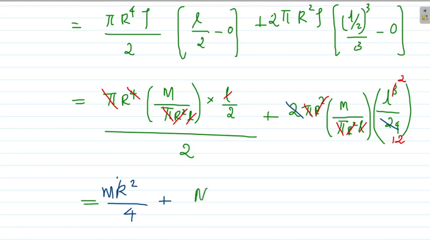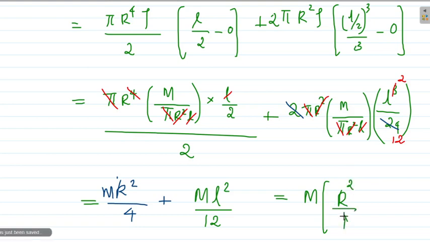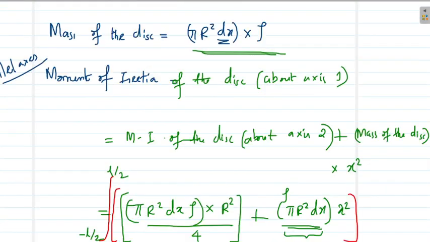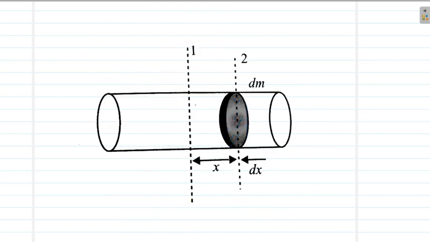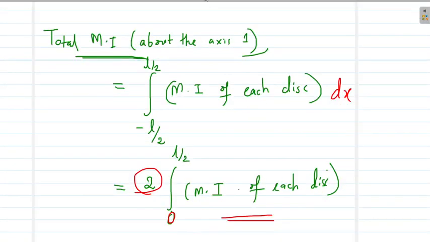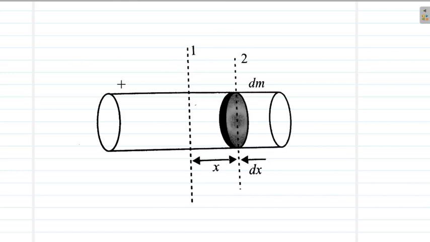So that is m into L square divided by 12. So it is equal to m into r square divided by 4 plus L square divided by 12. Here in this equation, r corresponds to the radius of the disk and L is the length of the disk. So you can see the moment of inertia depends on the mass, radius and the length of the disk. That is the equation for the moment of inertia about this axis 1, which passes through the center of the disk and is perpendicular to its length.